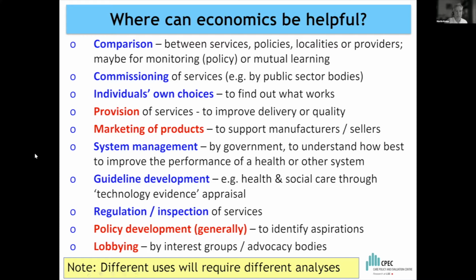And one thing to say at the beginning, in case I forget to say it later on, economic evaluation of the kind we're talking about here is much more developed in the healthcare field than in the social care field. And so social care economic evaluation has often borrowed a lot of things from the healthcare field, and some of the language we use is in the healthcare field. So we'll try and make that clear as we go through.